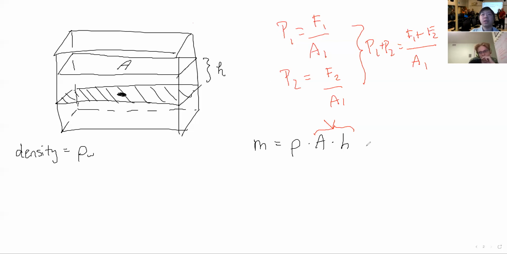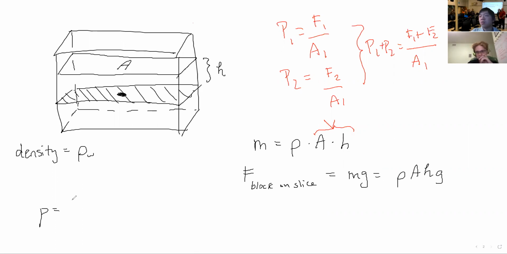So the force of the block on the slice is equal to mg, which is equal to rho A h g. Let's not make the substitution V equals A h just right now. But then what is our formula for pressure?